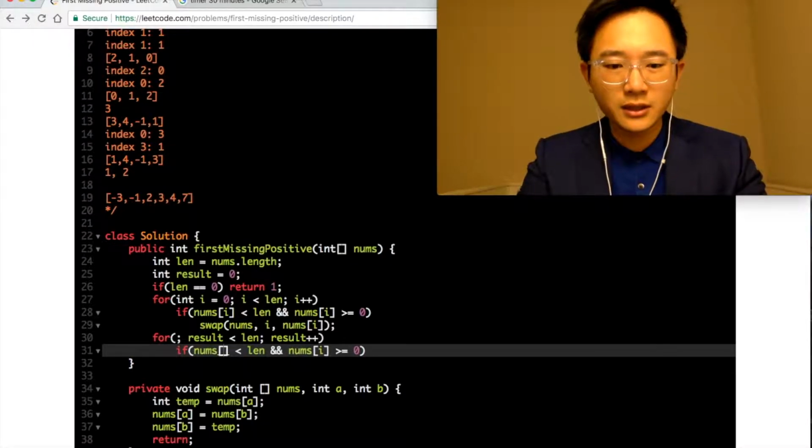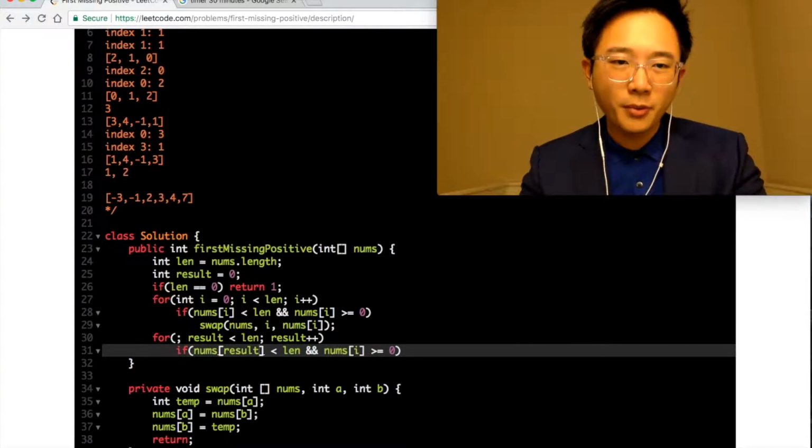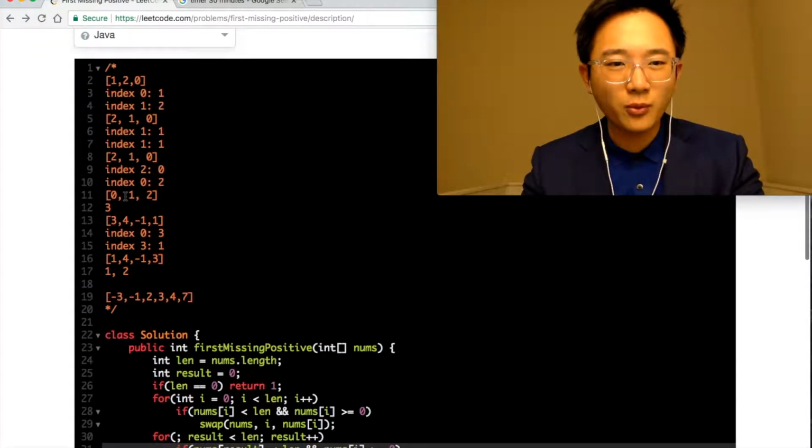So first, if result. So the point is, when we iterate through this array, I feel like here I should add 1.